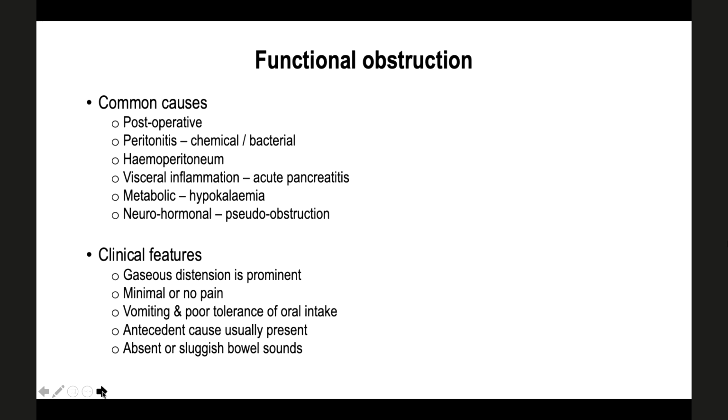And as I told you, they can have vomiting, poor tolerance of oral intake, and usually there is a preceding or an antecedent cause. So you will find that this patient has had surgery, or they've had a septic focus in the abdomen, peritonitis, pancreatitis, some sort of cause is present in the history or the past of this patient, which may tell you this is possibly or likely to be paralytic ileus. So there's an antecedent cause. And when you put your stethoscope on the abdomen and listen, the bowel sounds are generally sluggish.